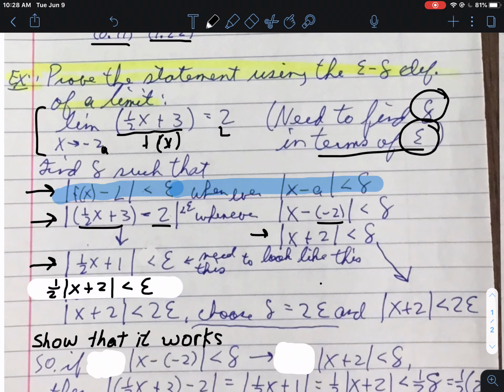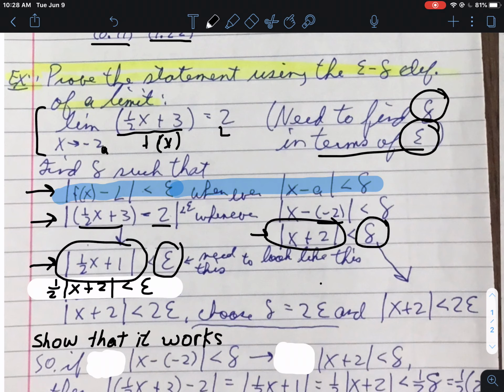Here's the trick to these. Since I want to come up with a value for epsilon in terms of delta, then I'm going to turn this into a version of this so that I have the same thing being compared on both sides of this expression.